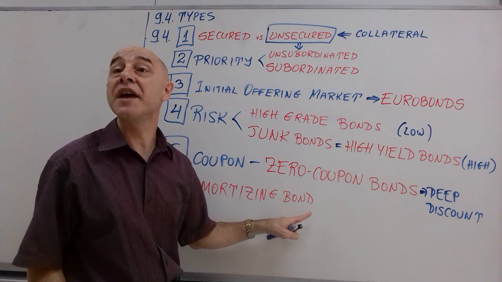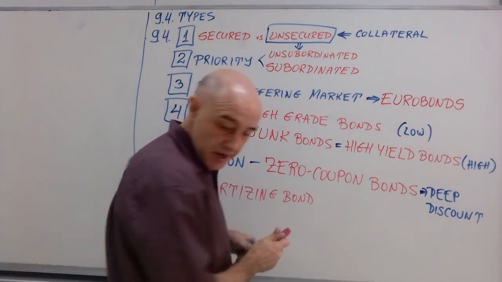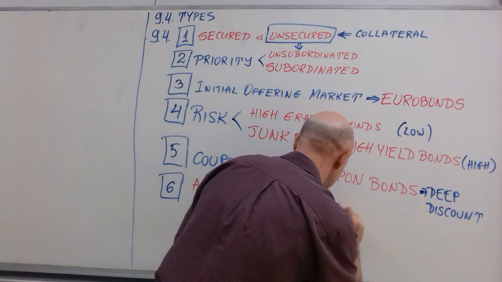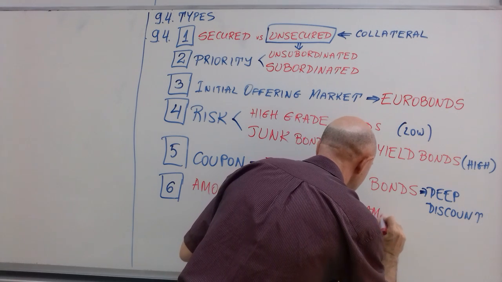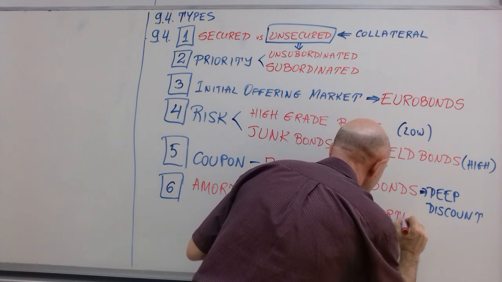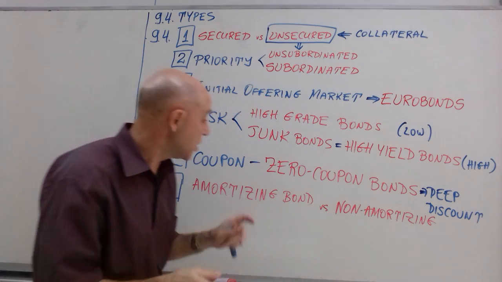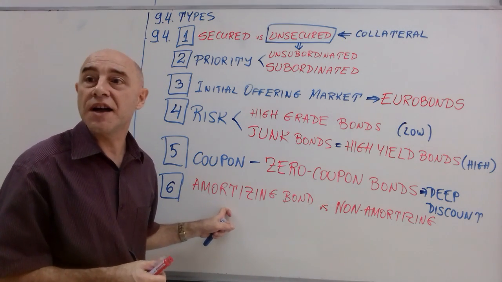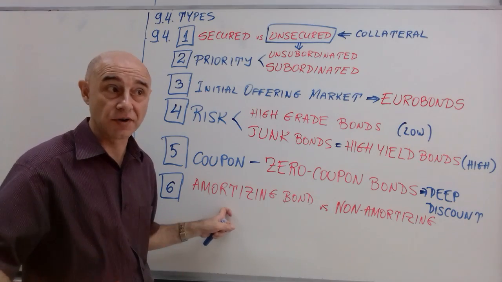You could keep paying it over time. And the other one is, how they call it, non-amortizing. So, an amortizing bond is similar to an amortizing loan. You pay it off over time, okay?